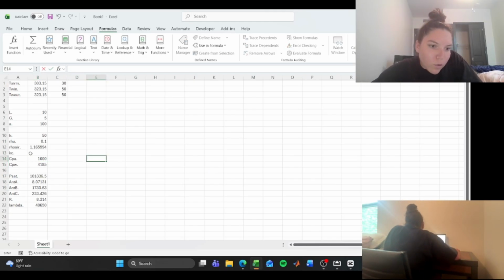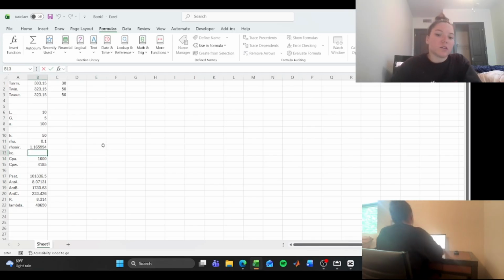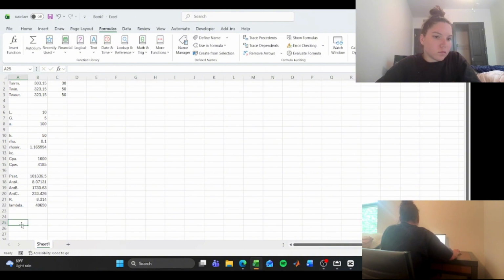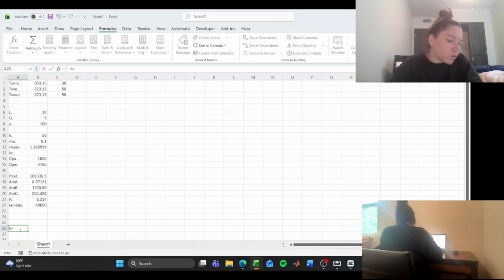And then to solve for the mass transfer coefficient, we need to remember the equation from earlier. I'll write it down here. We said that the heat transfer coefficient was equal to the density times the heat capacity of air times the mass transfer coefficient.